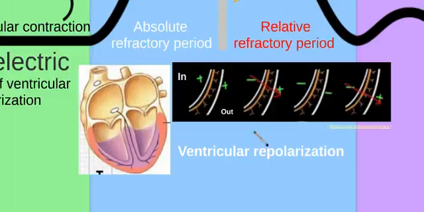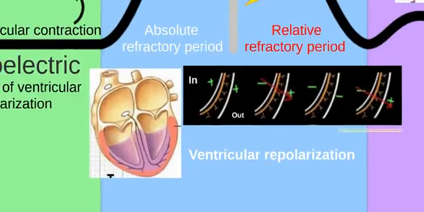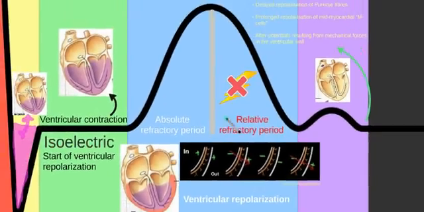I just found that fascinating, that these muscle cells repolarize not how we would think, from the inside out, but from the outside in. So they depolarize from the inside out, and they repolarize from the outside in, creating the same vector. So when we see that electrochemical change, it actually happens in a positive manner.